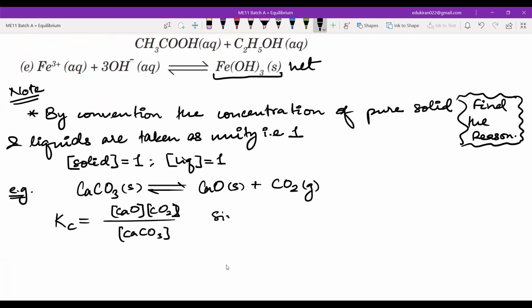But since CaO is also solid, its concentration is equal to 1, and the concentration of CaCO3 will be equal to 1 as per convention. Hence the Kc will be equal to only the concentration of CO2.